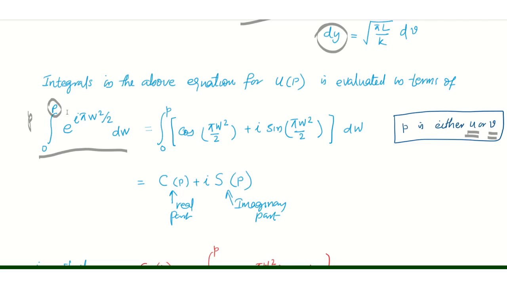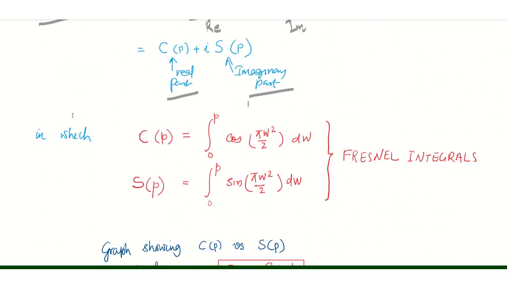Then e to the power i pi omega square over 2 is cos pi omega square over 2 plus i sin pi omega square over 2, which means you have the real part and the imaginary part. This is your real part, your imaginary part, and therefore we have two integrals.